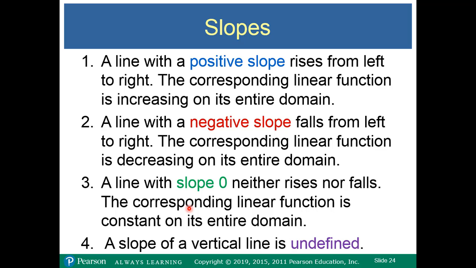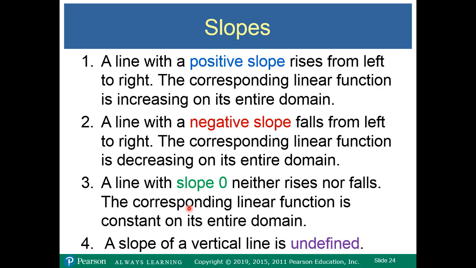So a line with a positive slope rises from left to right. So it's increasing from left to right. And so if a straight line has a positive slope, it increases on the entire domain. If the slope is negative, that means it falls. It decreases from left to right, and the corresponding linear function decreases on the entire domain.